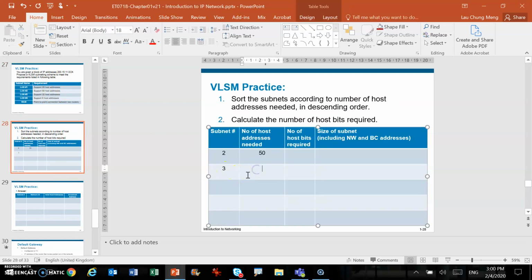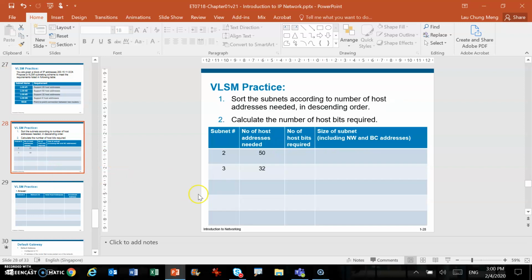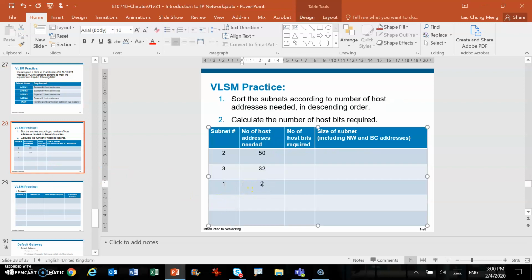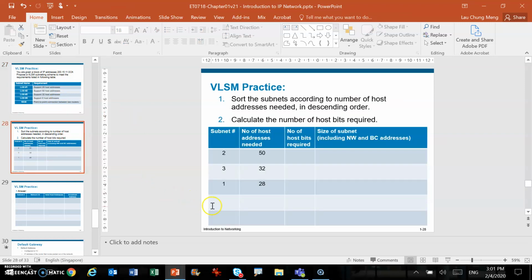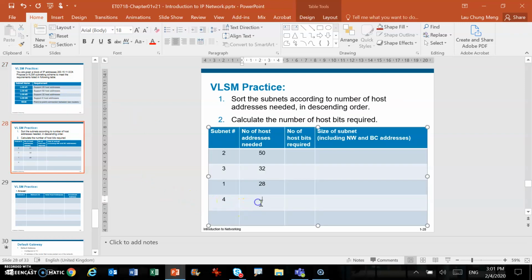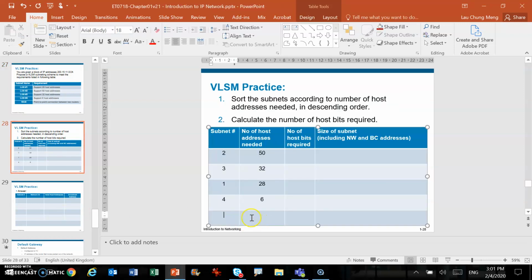Next, LAN 1, 28. And then LAN 4, 6. And finally, the wide area network, which requires point-to-point. Point-to-point means 2 IP addresses, so the WAN needs 2 IP addresses.